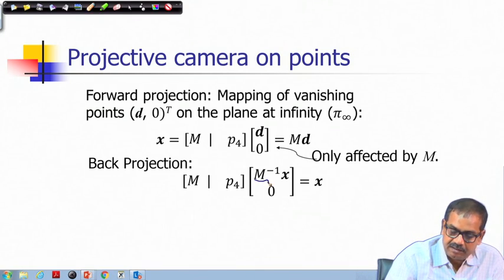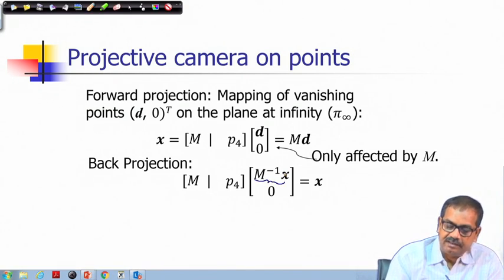This is the directional component, and it is a point lying at infinity, as the 0 shows. Then the image of that point is x, which means this is actually the projection ray, and it expresses the direction of the projection ray.